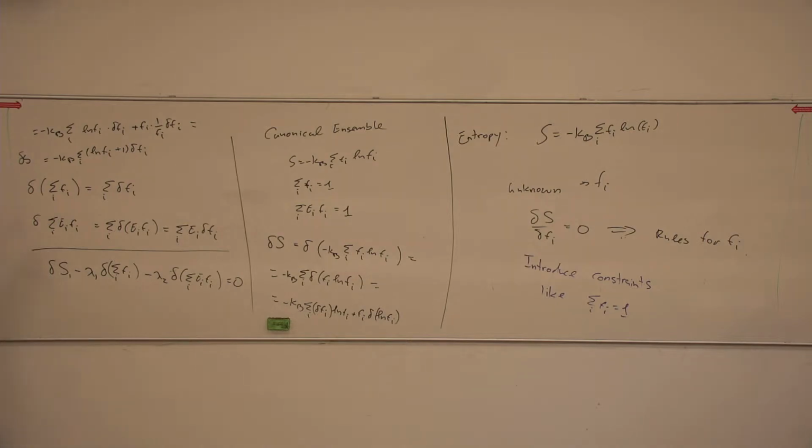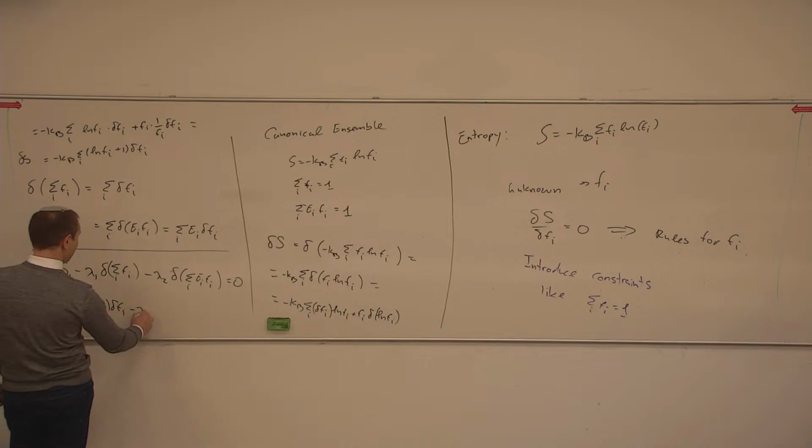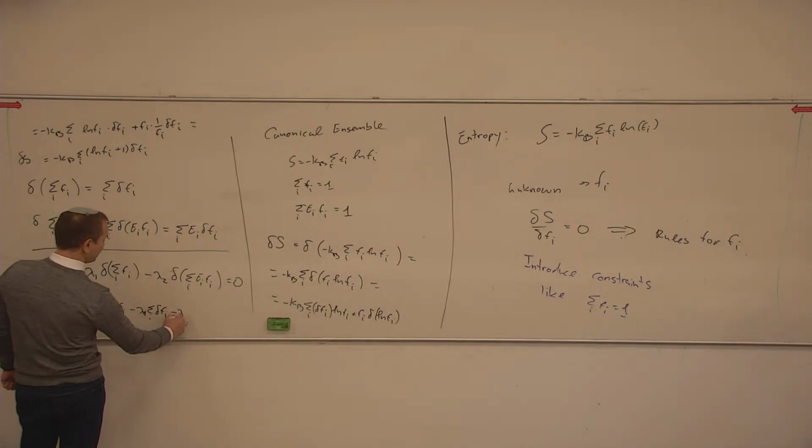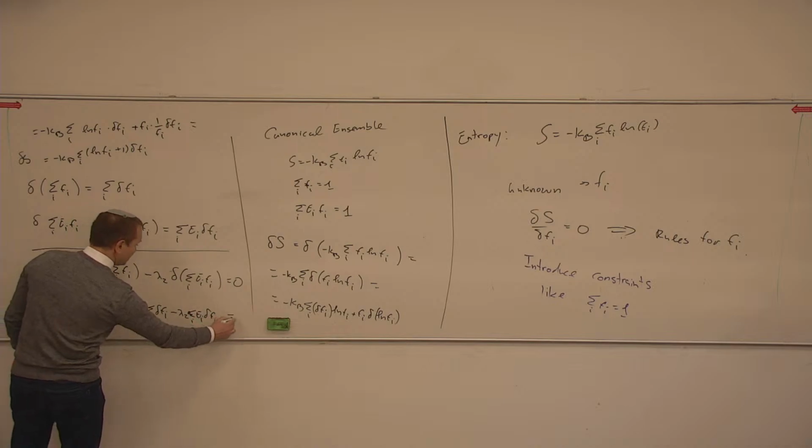Now we write down the expression for delta S, for delta sum fi, for delta sum ei fi, and we obtain that this is minus k Boltzmann sum over I log of fi plus 1 delta fi minus lambda 1 sum over I delta fi minus lambda 2 sum over I ei delta fi equals 0.